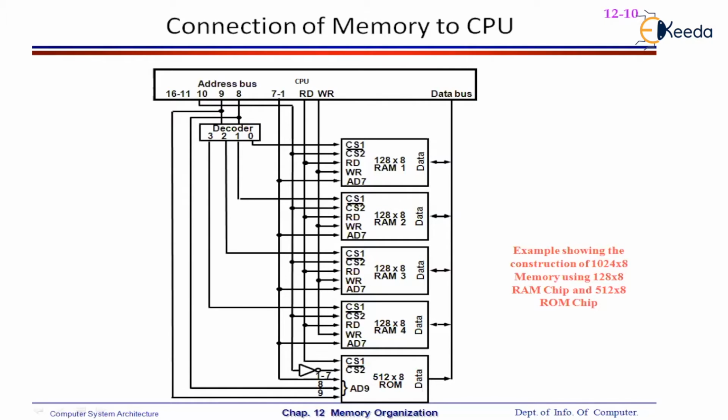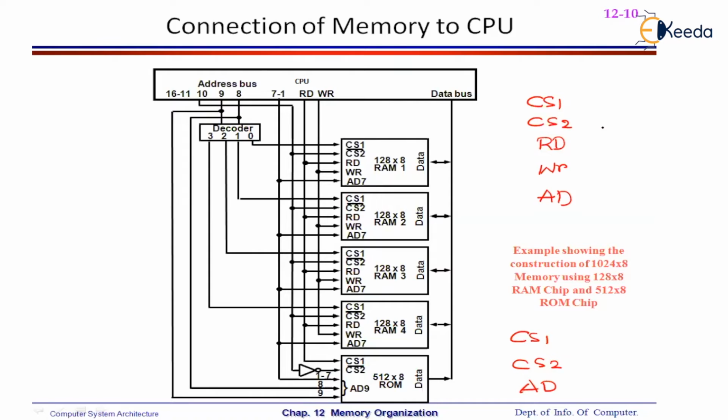Every RAM has these many connections. Let me write it. Every RAM has CS1, CS2, read, write, address, and the data. This is the data connection. And every ROM has CS1, CS2, and address, because read and write connections are not needed for ROM.